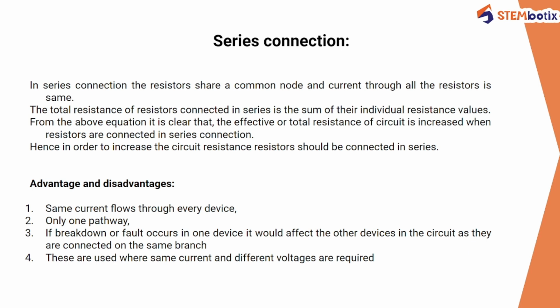Let us see the advantages and disadvantages of this type of connection. The same current flows through every device, meaning from R1 to Rn there is the same current flow, only one pathway. The main disadvantage of the series connection is that if a breakdown or fault occurs in one device, it would affect the entire circuit as they are connected in the same branch.